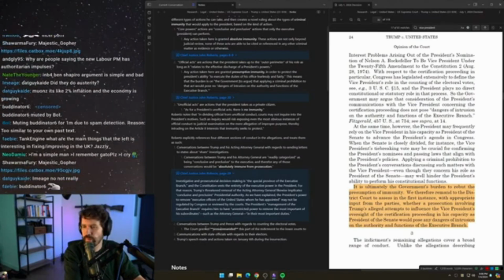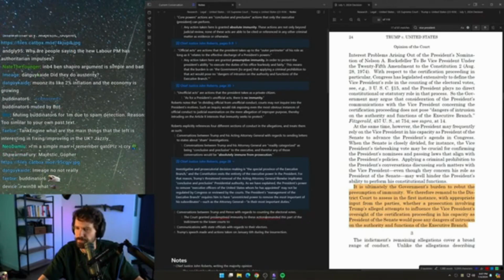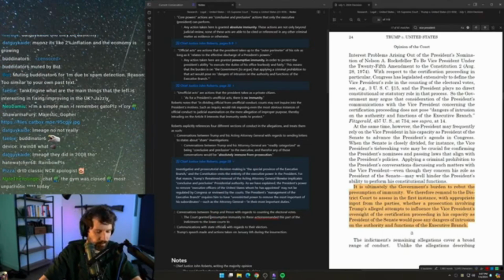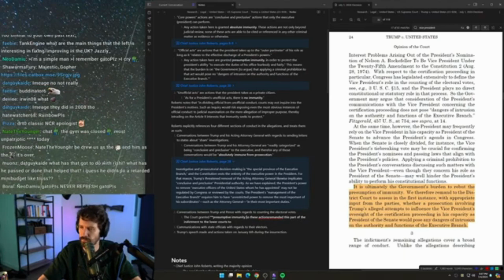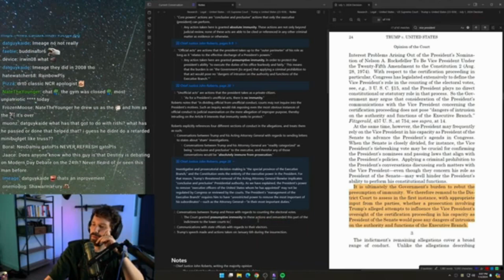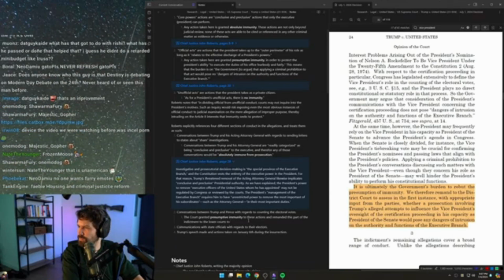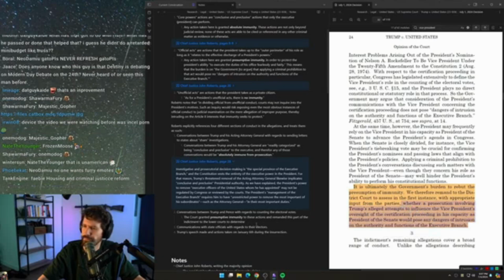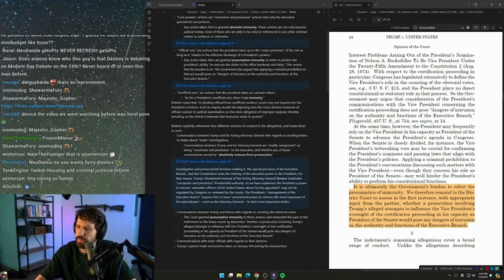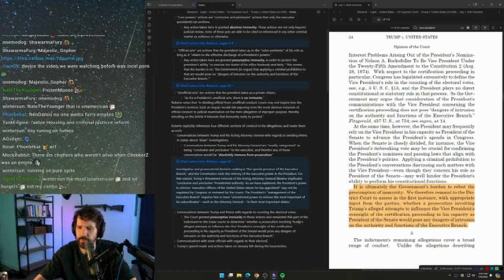This court granted presumptive immunity to these actions, and remanded to determine whether a prosecution involving Trump's alleged attempts to influence the Vice President's oversight of the certification proceeding in his capacity as President of the Senate would pose any dangers of intrusion on the authority and functions of the executive branch.